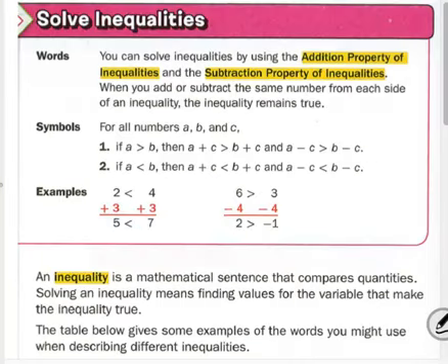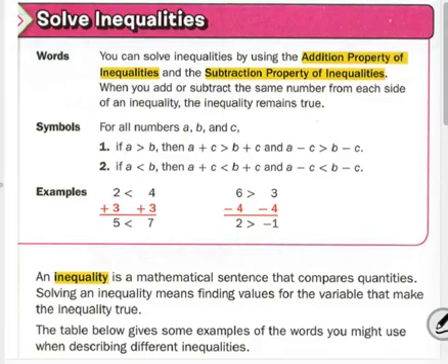So solving inequalities, it says you can solve inequalities by using the addition property of inequalities and the subtraction property of inequalities. When you add or subtract the same number from each side of an inequality, the inequality remains true. So this is just like the notion of balance in our equations.